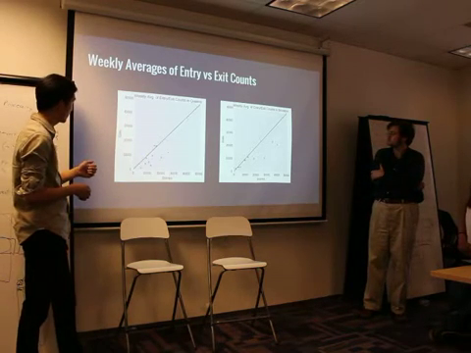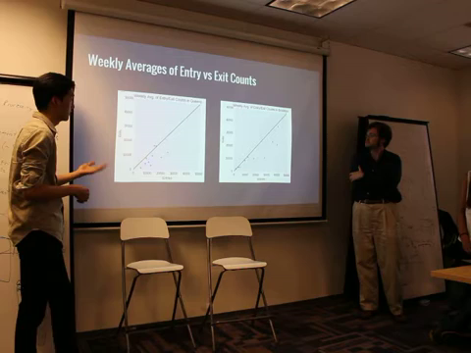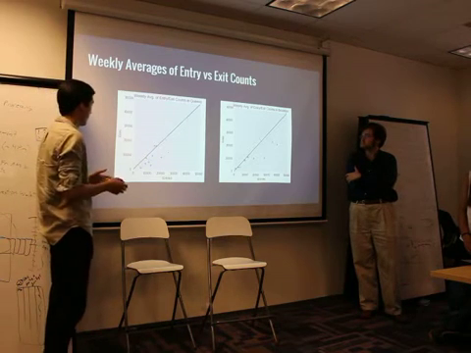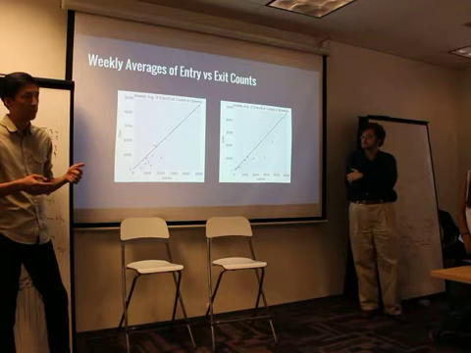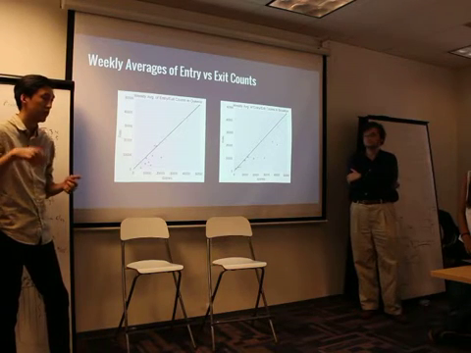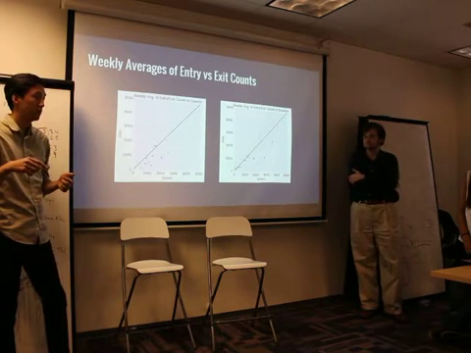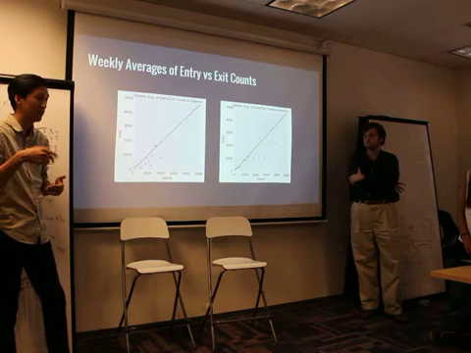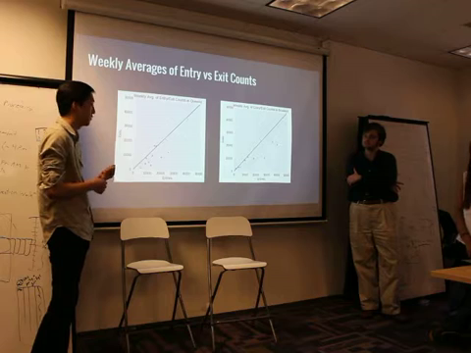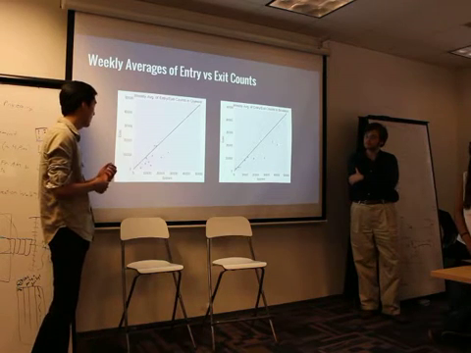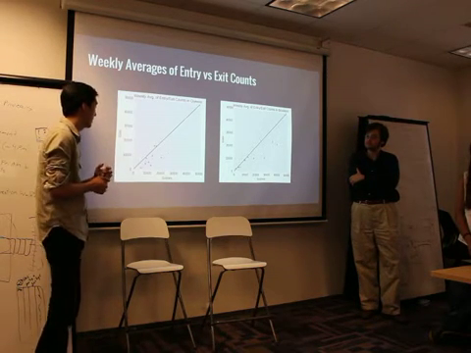Before looking at this, you would expect the number of entries to match up with the number of exits, because if you swipe your card and get into a turnstile at a station, you'd assume you would come out of a station after pushing the turnstile for the exit at some point at a different station. But that's not what we see here.